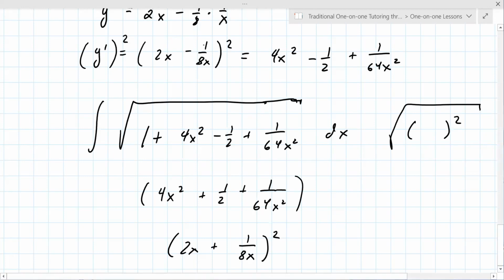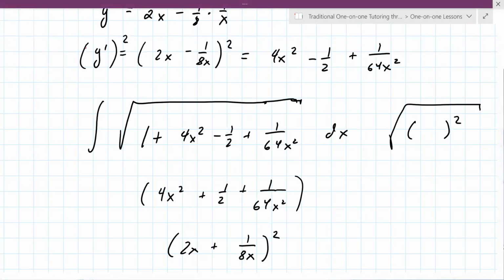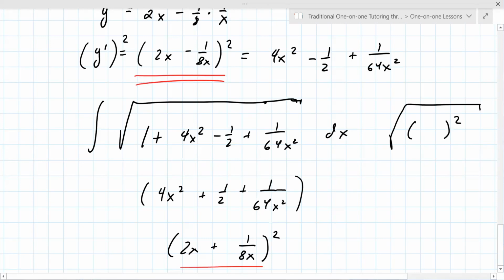Well, it's basically like what we did here, except you can see the similarities. I'll put it in red here. It does tend to be like this when you take this class. There's only so many options that they can do. So it wouldn't surprise me if you got just a change of sign here, but this whole mess under the root, which simplifies to this, can be rewritten as this, and then you're square rooting it each step along the way.